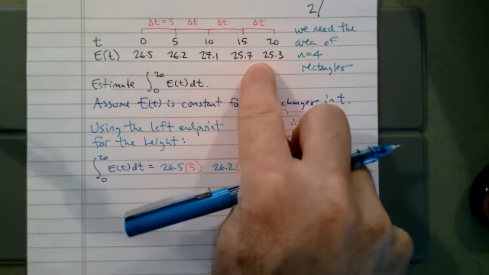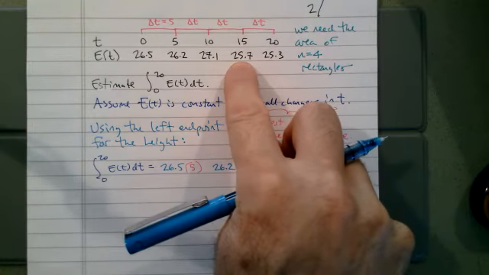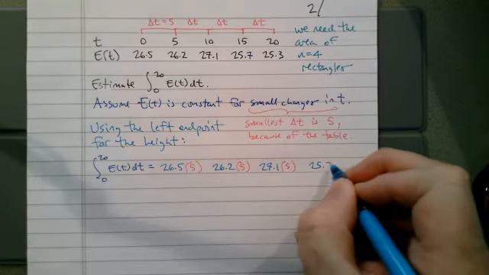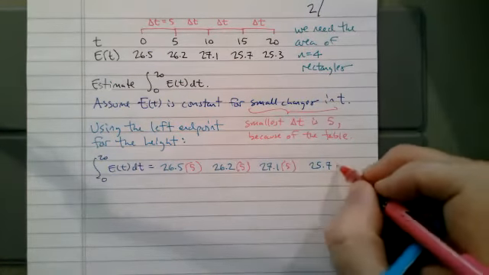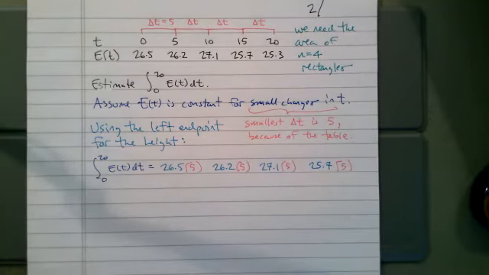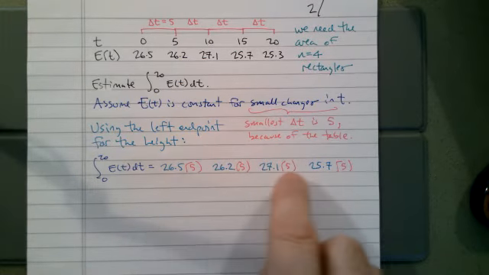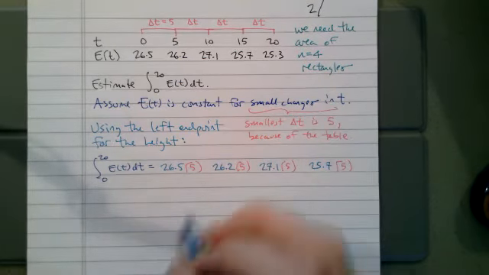This fourth rectangle will have the height of 25.7 times the width, 5. I want to use multiplication to multiply the length times the width, but the length is variable. So I assume that the length is constant for small changes in the width, so that I can use multiplication, and then I just add up the 4 areas.